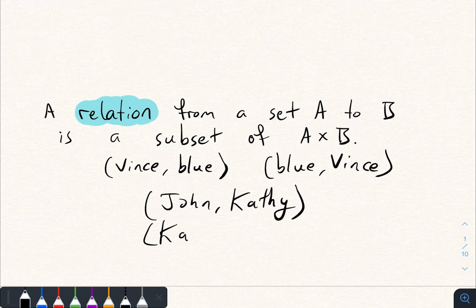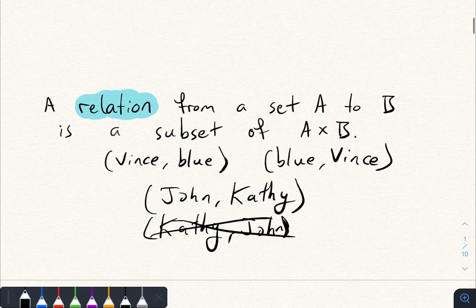If Kathy likes John back, then (Kathy, John) would also be an element of that relation. If Kathy hates John and it's a totally one-sided relationship, then maybe only (John, Kathy) would be in our relation.